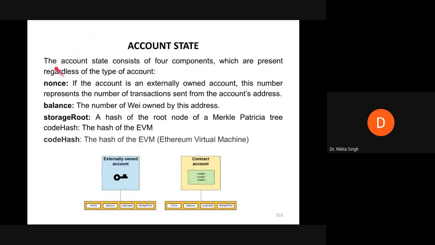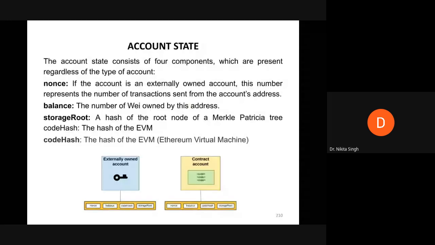So sharing this slide here again. First was nonce, second was balance. So balance is the number of Y owned by this address. Next we talk about the storage root. This is a very huge topic.